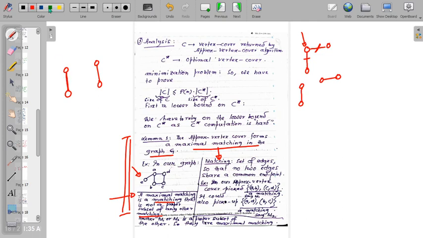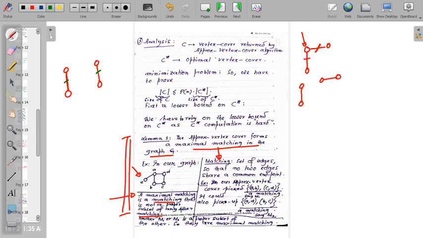So this edge is a matching, this edge is a matching, and the maximal matching is one that is not a proper subset of any other matching.